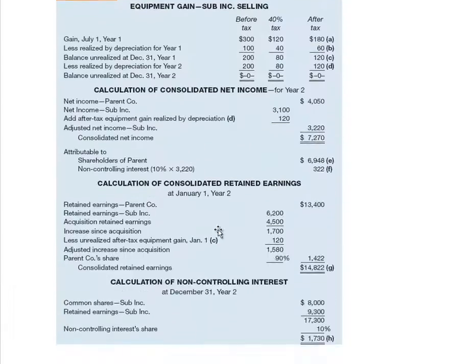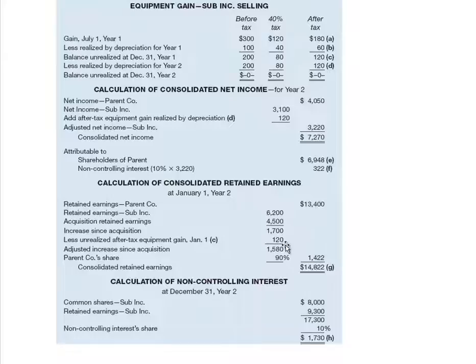Well, we're only at the beginning of year 2. So in this calculation, they backed it out to give you consolidated retained earnings at the beginning of the year once the parent takes its share of the adjusted post-acquisition retained earnings of the sub. It has consolidated retained earnings at January 1st of $14,822. Now, don't forget, what do we mean by adjusted post-acquisition retained earnings? Post-acquisition means after acquisition. $4,500 were the acquisition retained earnings.